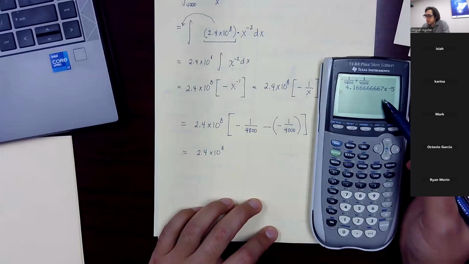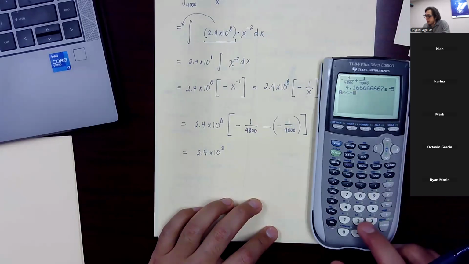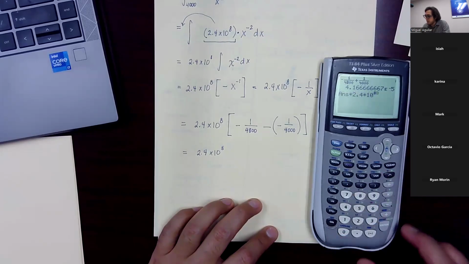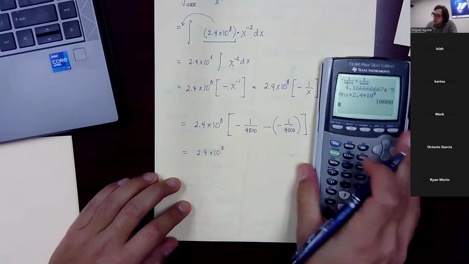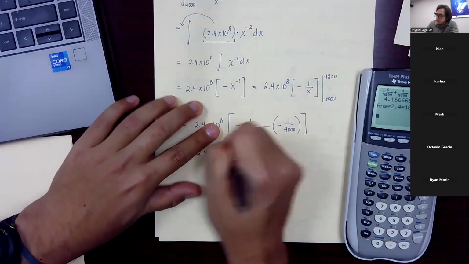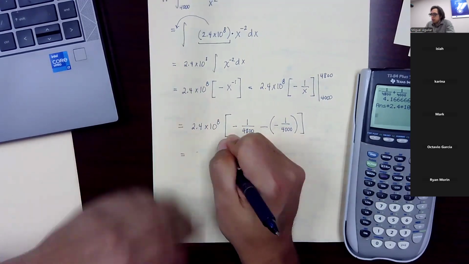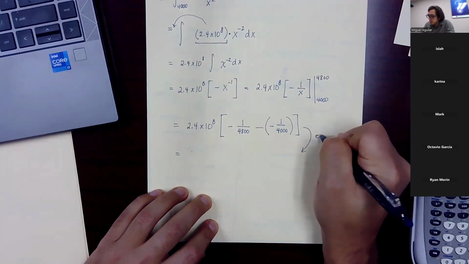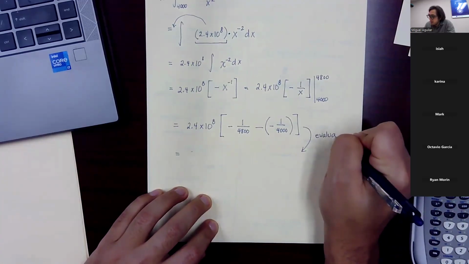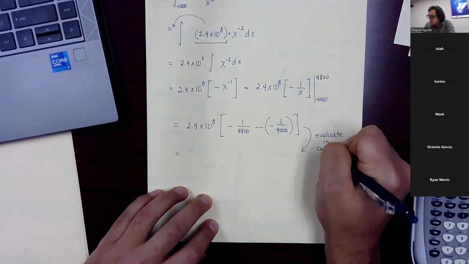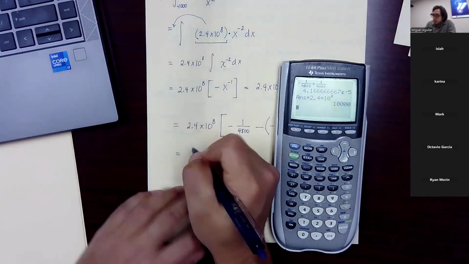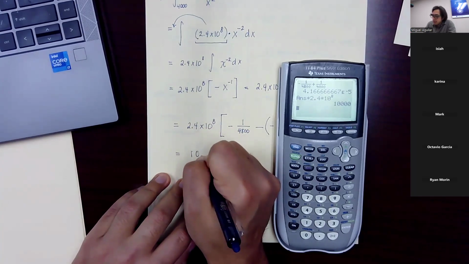We get this number, and then I just need to multiply that by 2.4 times 10 raised to the 8th power. So I'm just going to make a little note here. We're just evaluating in the calculator just because we have such ridiculous numbers here. But that comes out to something really nice. What is that, 10,000?